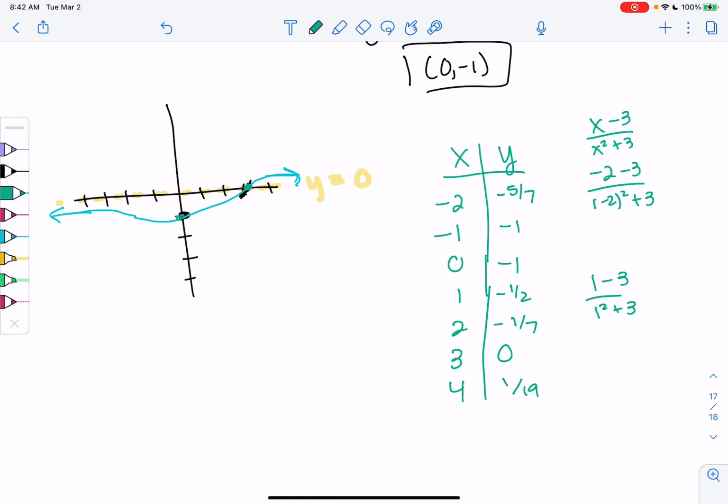Notice before 3, everything is negative because they're below. So negative 2 and 5/7, that makes sense. Negative 1, negative 1. That makes sense with my sketch. 1 and 1/2, right? And you'll notice these are getting closer and closer to 0 because we're going to cross. And then we cross, and then notice 4 is only 1/19.